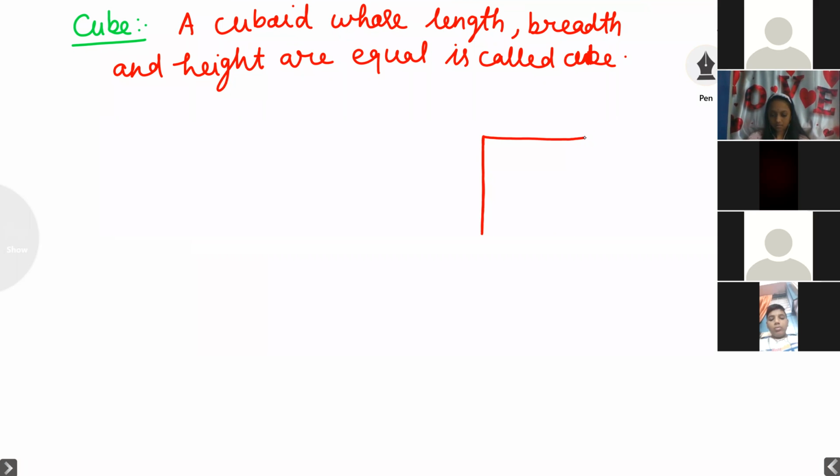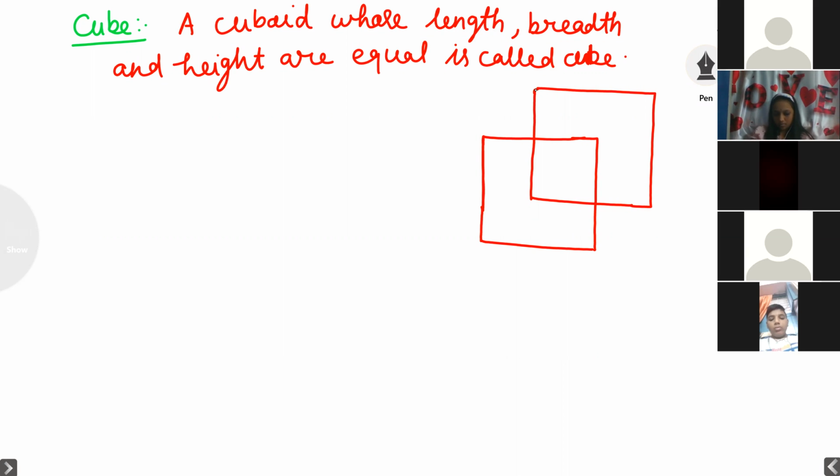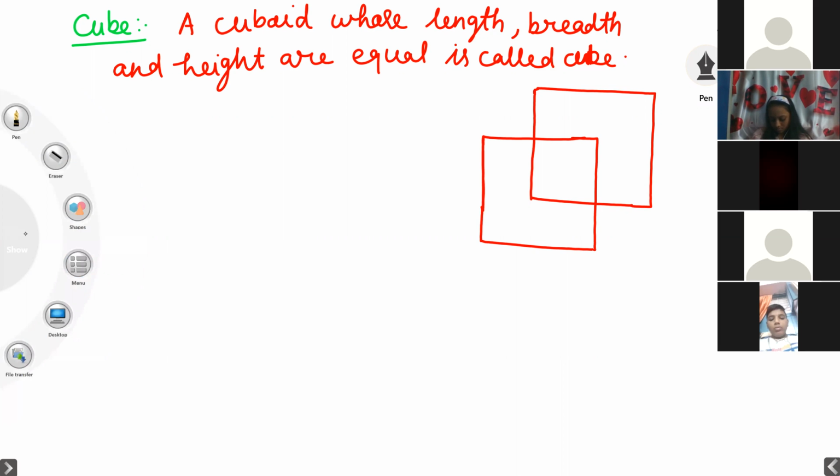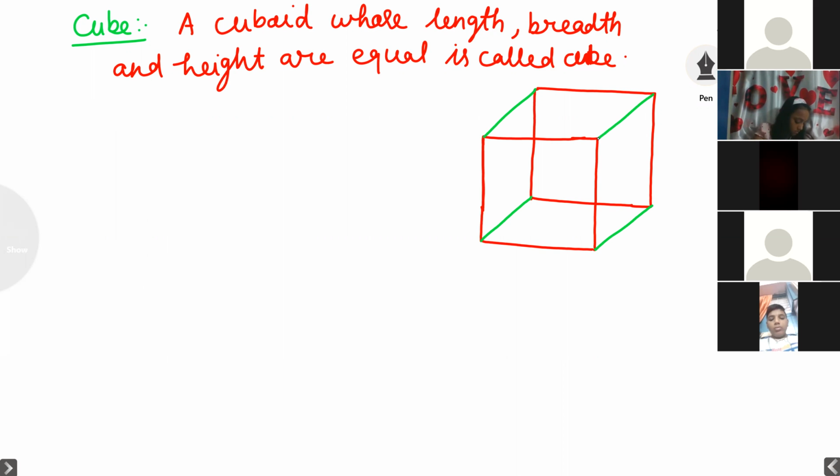If I'm talking about a cuboid, I want to draw a rectangle figure. Here, all the sides are equal.